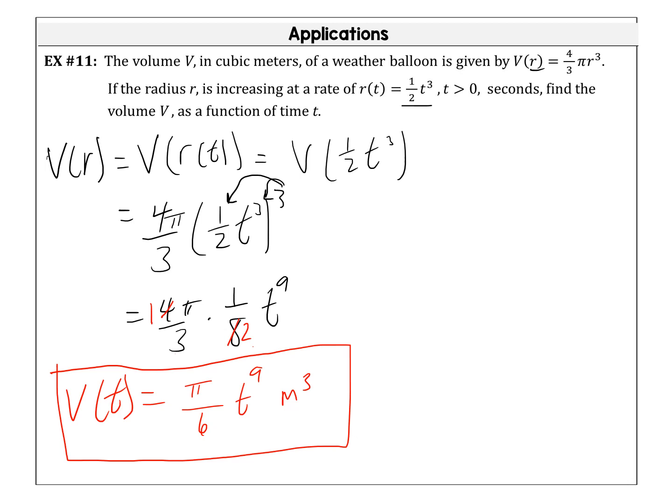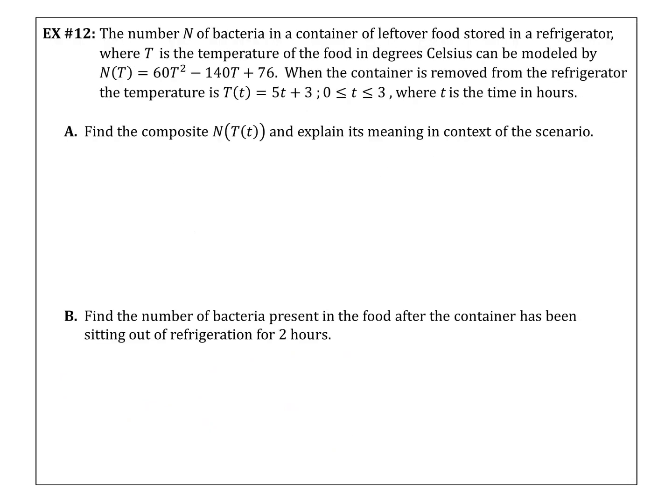And then the last one here is a bacteria problem. The number N of bacteria in a container of leftover food stored in a refrigerator, where T is the temperature of the food in degrees Celsius, can be modeled by N of T equals 60T squared minus 140T plus 76.